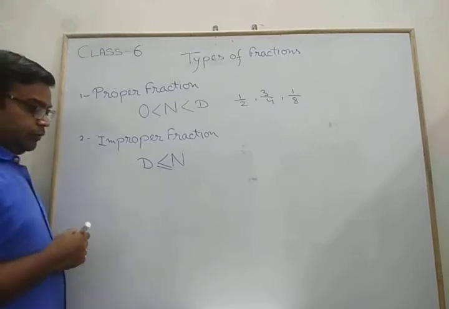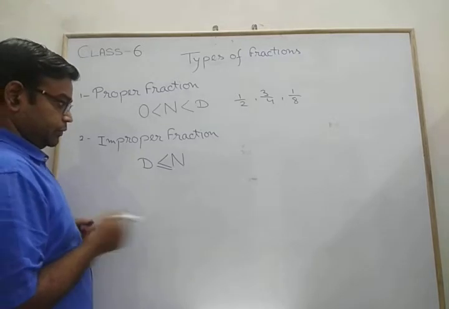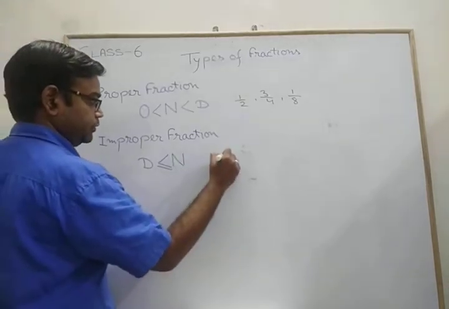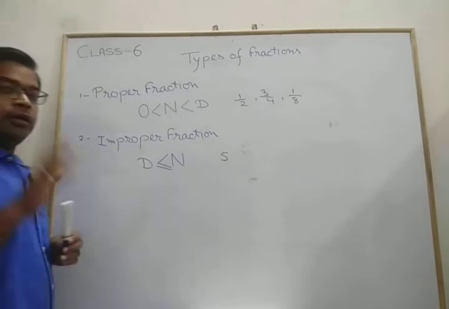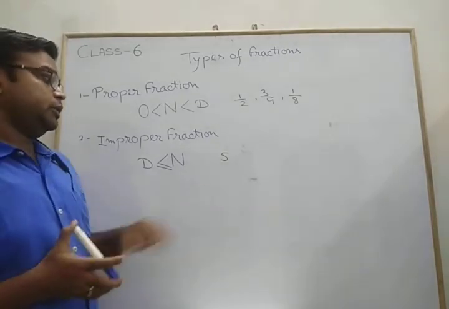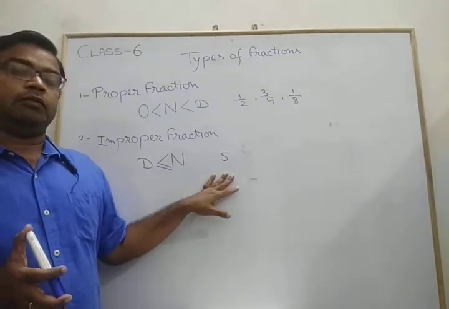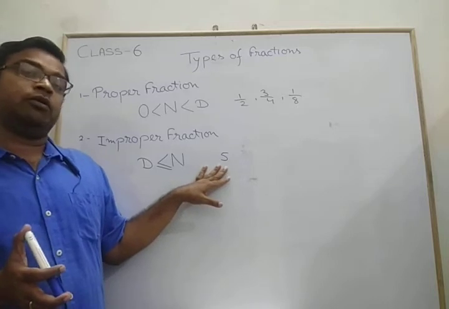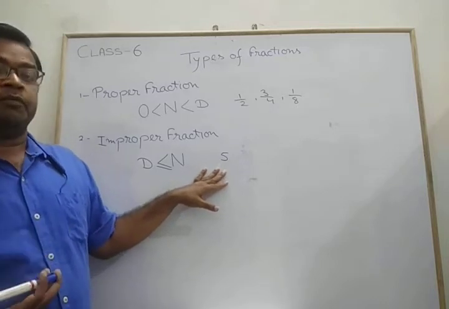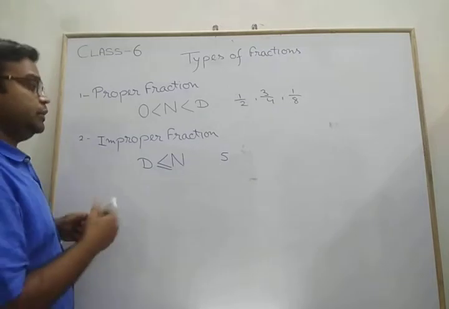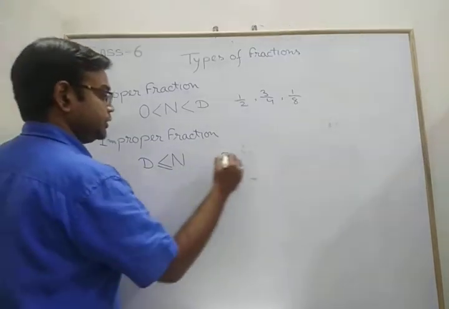For example, 5 is a natural number, and always remember students that a natural number can also be represented in the type of fraction. How do we represent it?